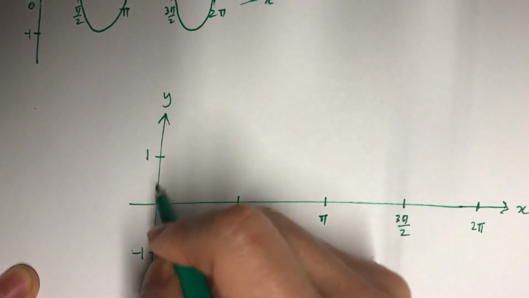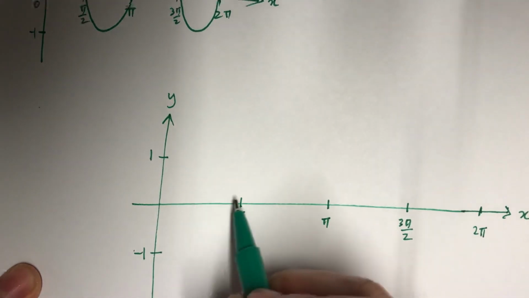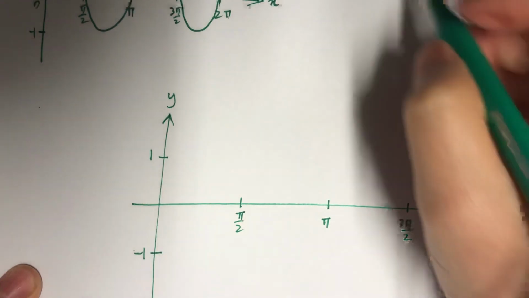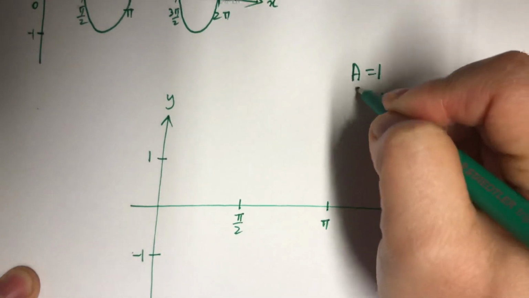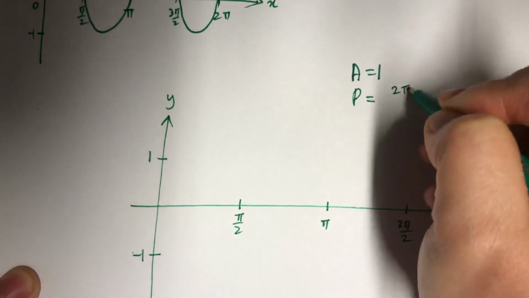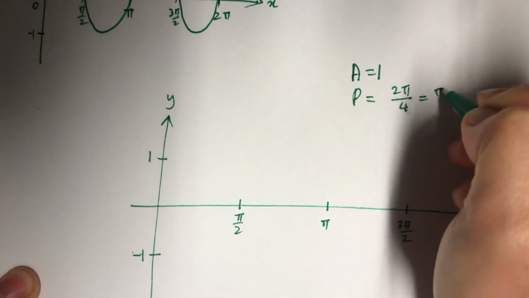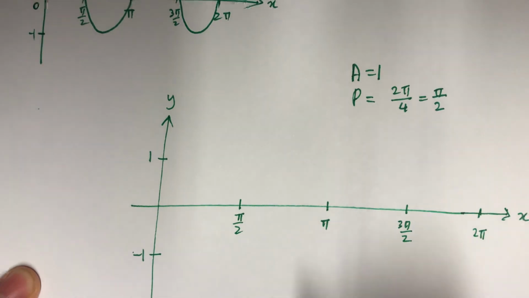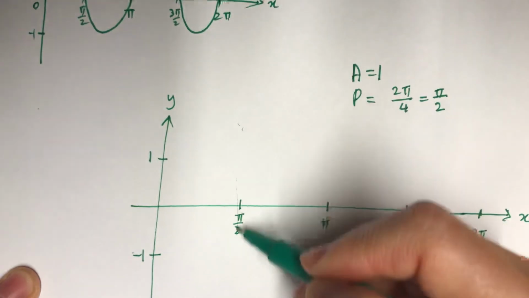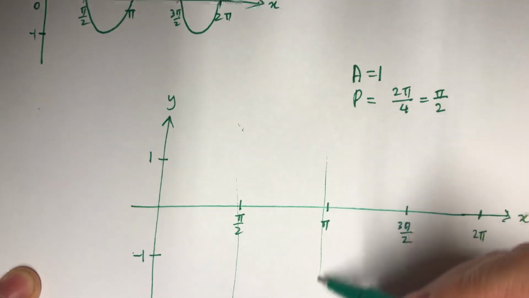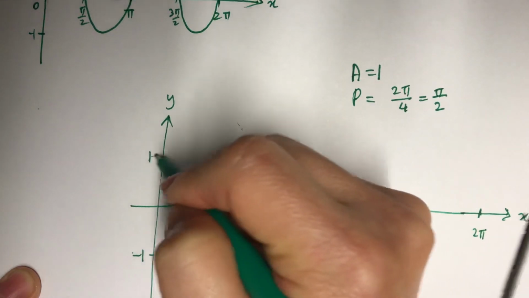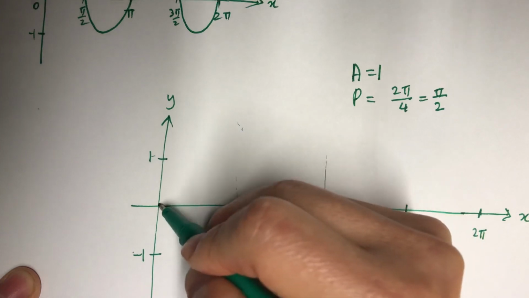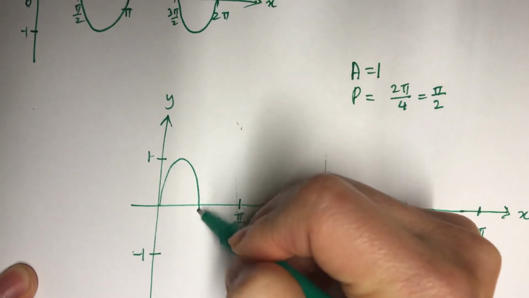So my pattern has to complete in, let's have a look. My amplitude is 1. My period will be 2 pi over 4, which is pi over 2. So the whole pattern will complete here, here, here, here. I shouldn't really do it too high, but that's okay. Let me try my best.